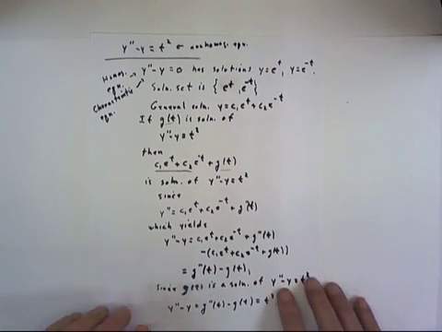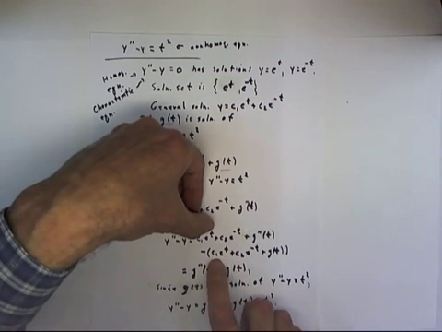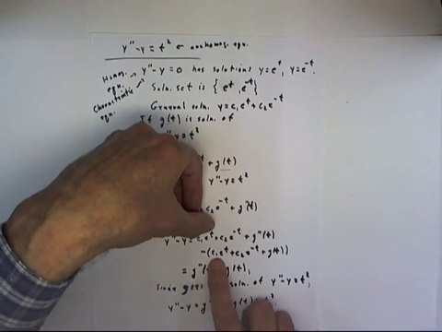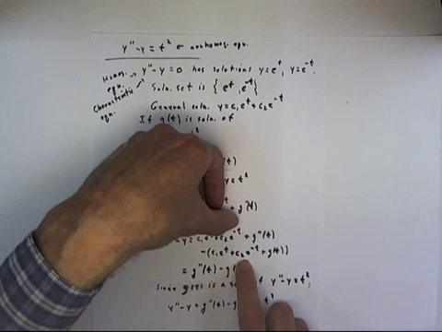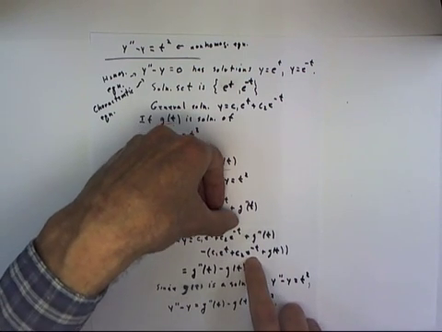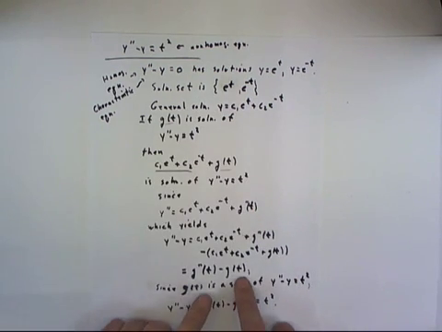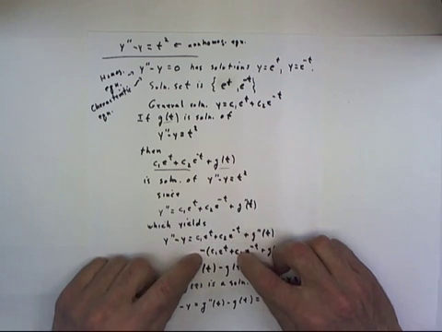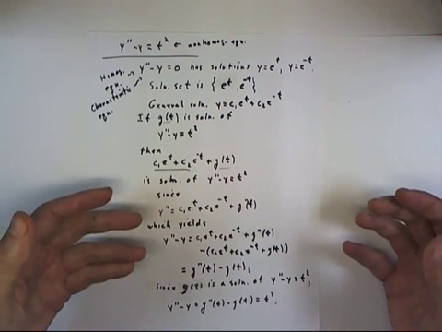If we do that subtraction, the c1 e to the t is going to match up with a negative c1 e to the t to give you 0. c2 e to the negative t is going to match up with a negative c2 e to the negative t, and we're just going to end up with g double prime minus g.